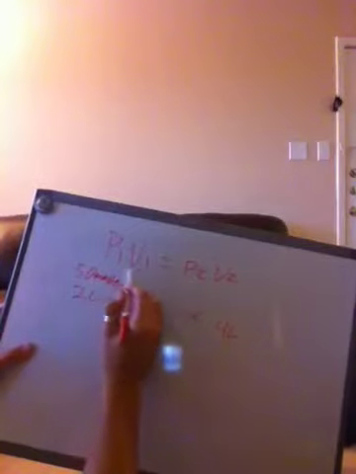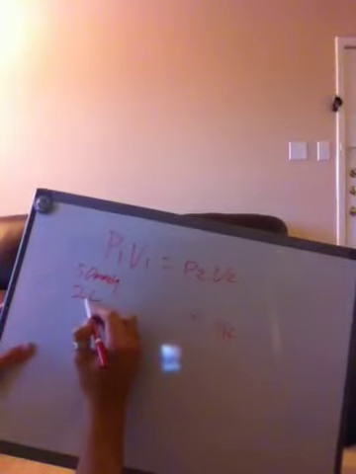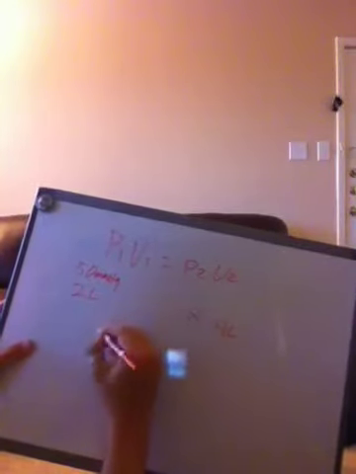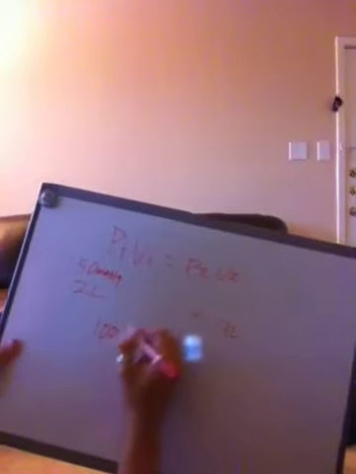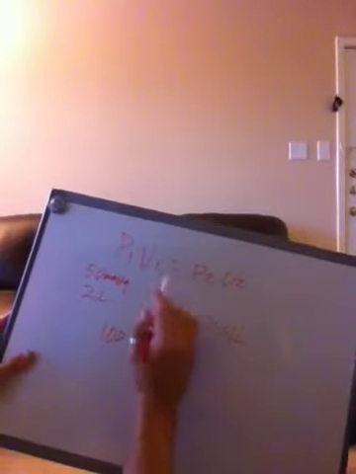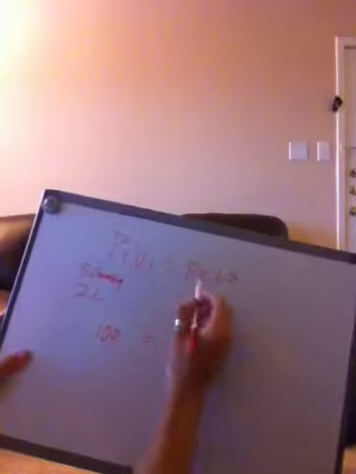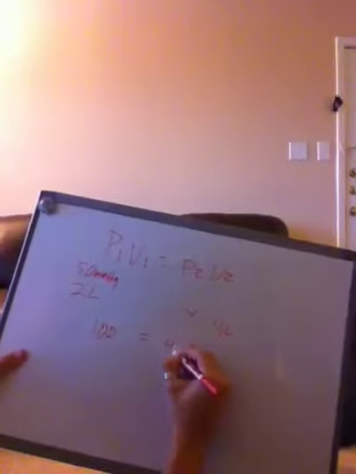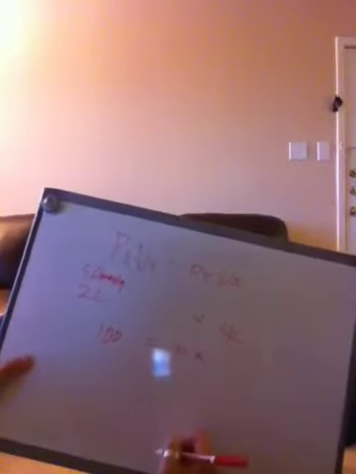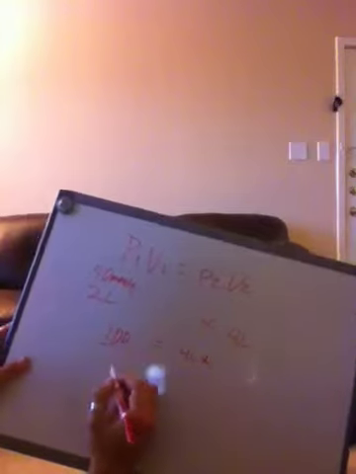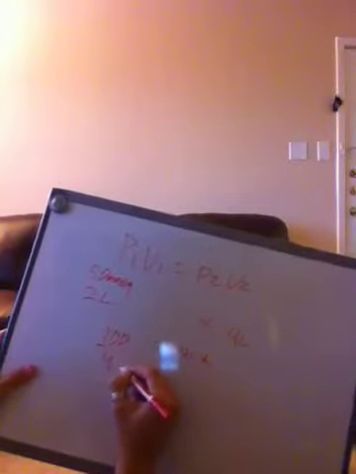We're going to do P1 times V1, which is 50 times 2. It's going to be 100, of course. And over here equals 4 liters times X. Of course, we're going to divide 100 by 4.